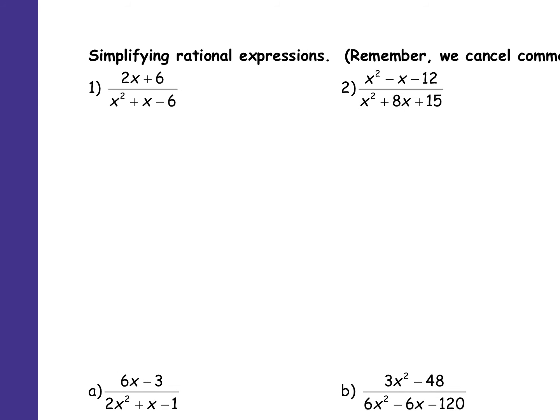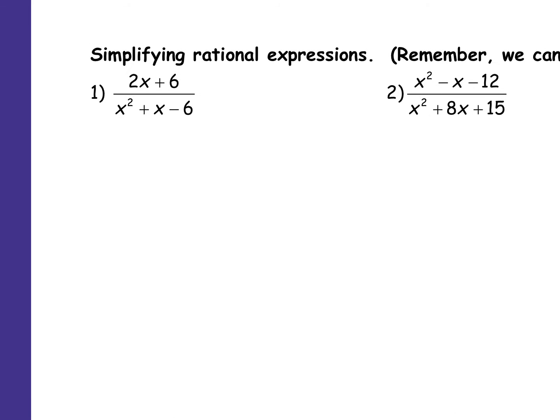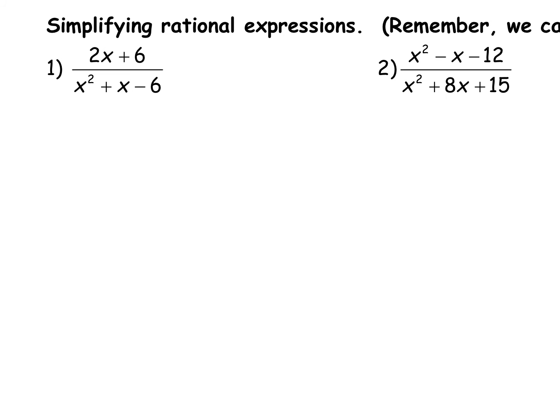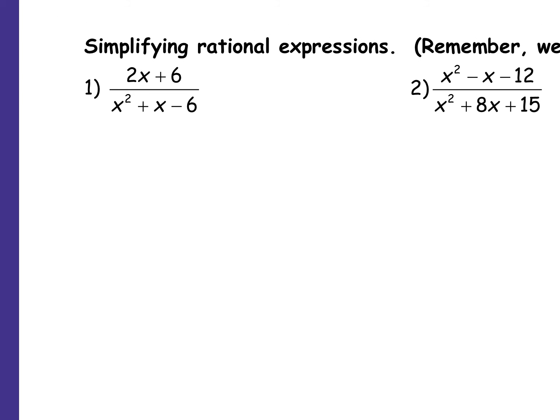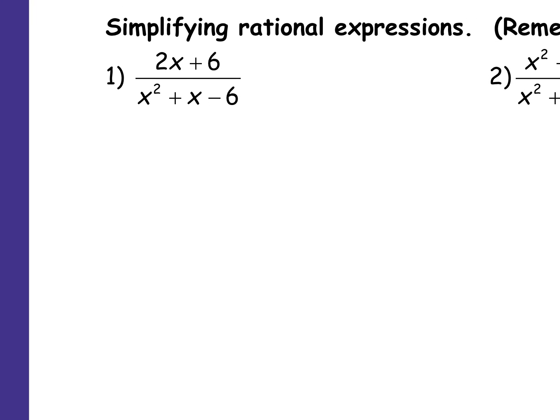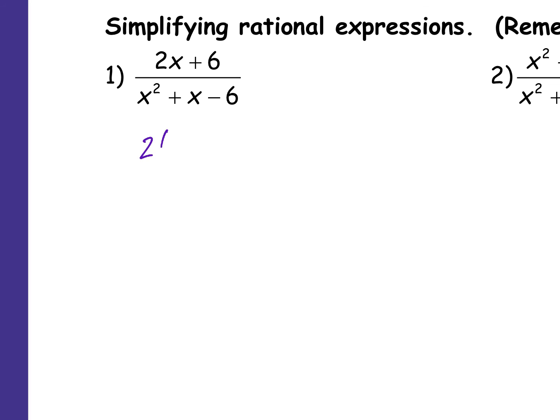So out of the top, what can I factor out of 2x plus 6? 2. If I take a 2 out, I get left with x plus 3. In my denominator, what multiplies to be negative 6 and adds to be 1? I'm pretty sure that's 3 and negative 2.